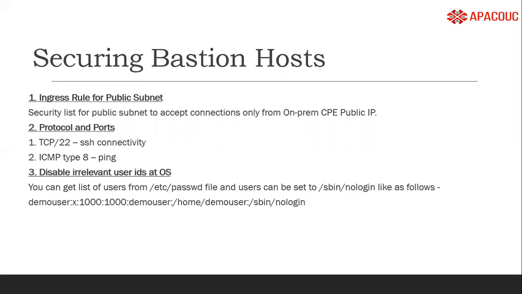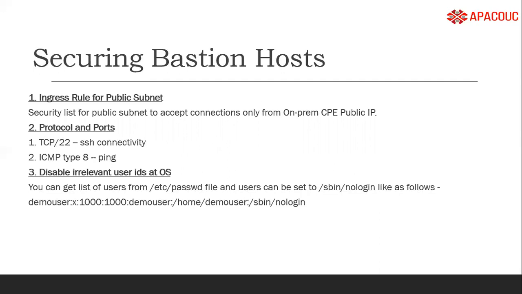In that case, we need to make sure the ingress rule for the public subnet is correctly defined, and the security list is correctly defined here. We make sure that port 22 for TCP, for SSH, is open and available. Optionally, we can also have ICMP for pinging the Bastion server.